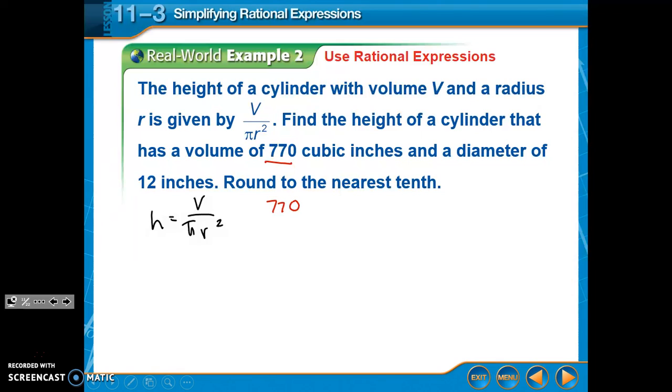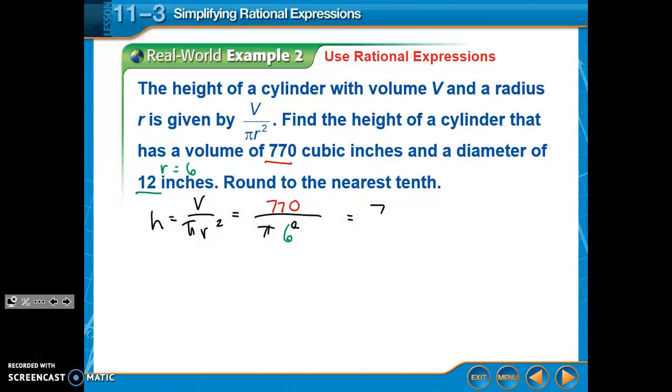And they tell us that the diameter is 12 inches. So if the diameter is 12, I know my radius is going to be 6, right? Because diameter is twice the radius, or the radius is half the diameter. So I can put in 6 for R. Okay, and I just want to evaluate this.